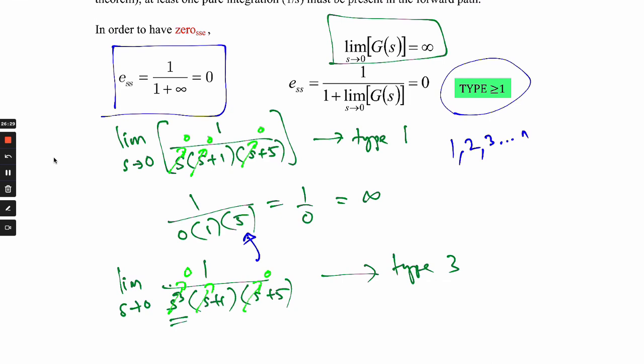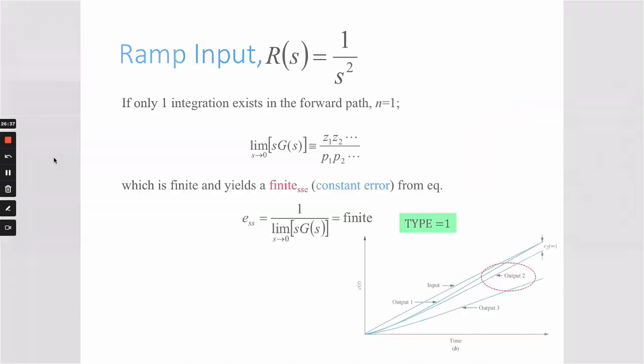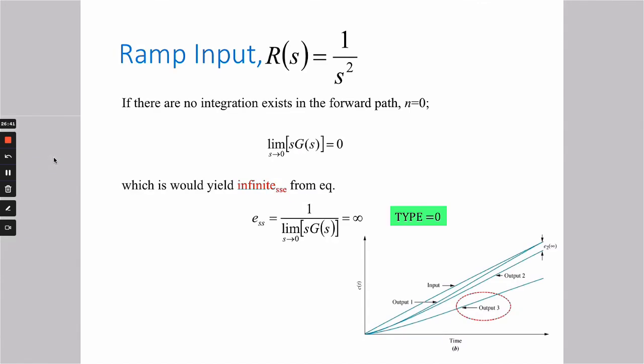Okay, you can do a similar analysis for ramp input, for type 2, type 1, type 0, similar to the analysis that we have done previously, and then you can see the relationship between the type of the system and the steady state error.